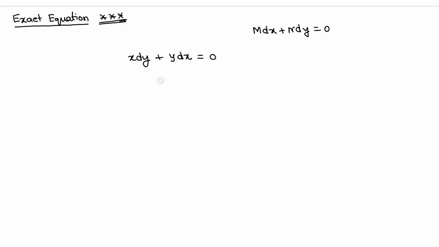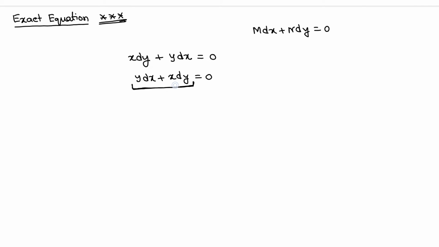Okay. So we can write y dx + x dy = 0. Can you tell me, this left hand side is the derivative portion of a special function. Can you tell me the function?